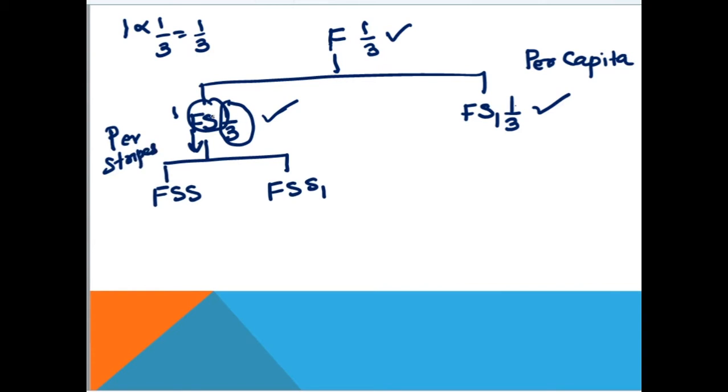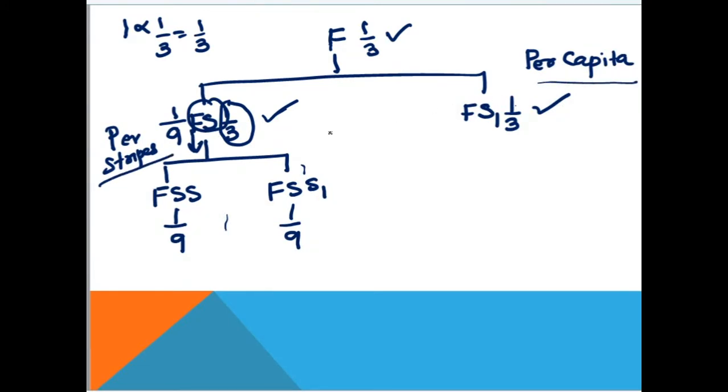Now this 1/3 will be divided amongst these three. Now each of them will get 1/9, 1/9 and 1/9. So when the co-partner gets the share in partition, this is called the per capita division. And when the share of a co-partner goes in his branch, that is per stripes division.